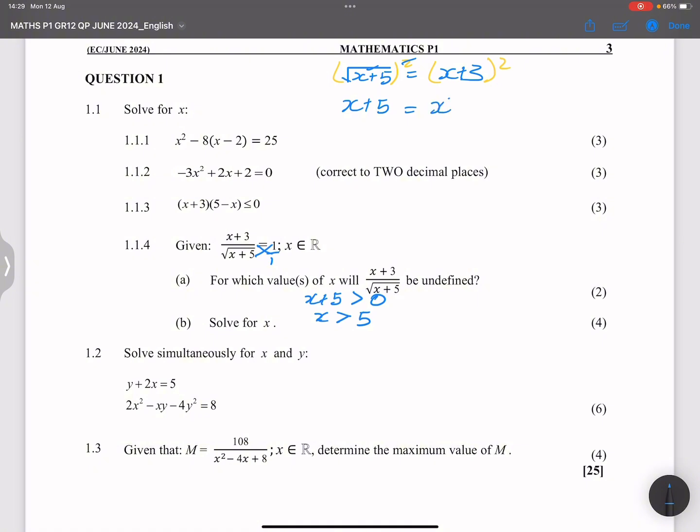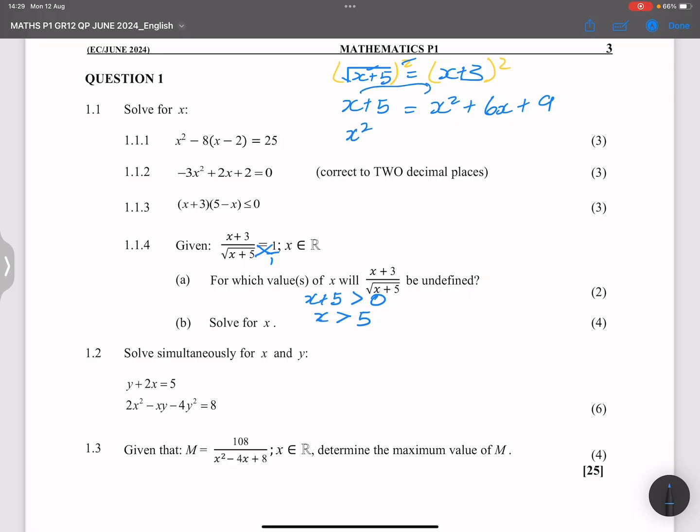This will be x squared plus 6x, and please, you must be able to always work with square brackets very quickly, right? So plus 9.